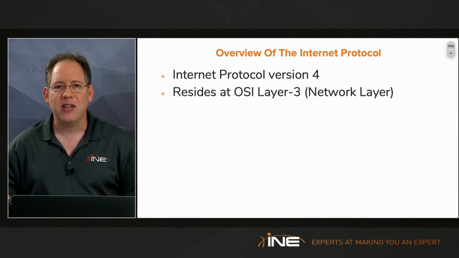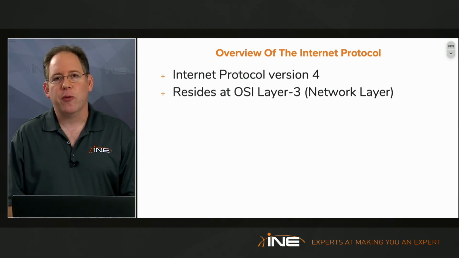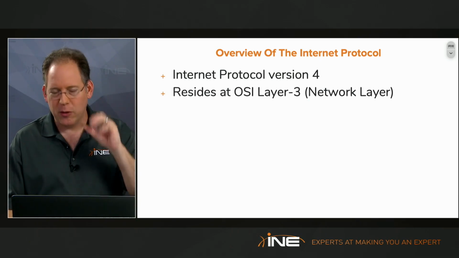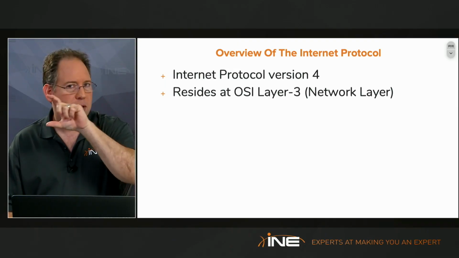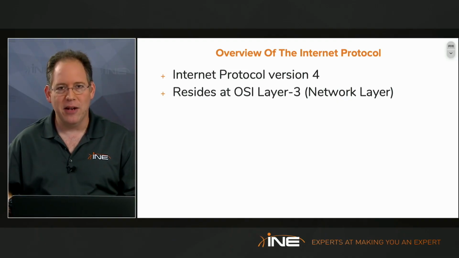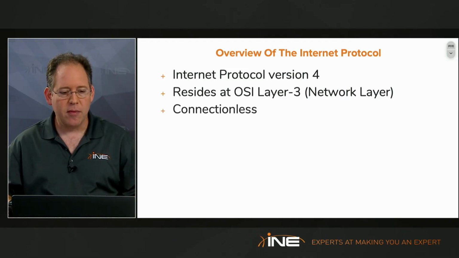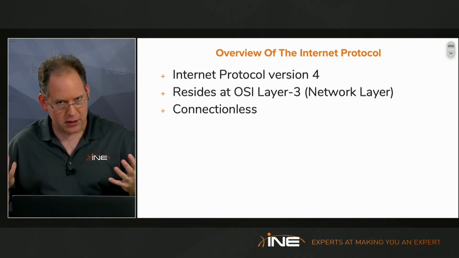So IP version 4 resides at OSI layer 3, the network layer. If you're familiar with the 7 layers of the OSI model, the Internet Protocol takes up layer 3, the networking layer. It is connectionless. What does that mean?